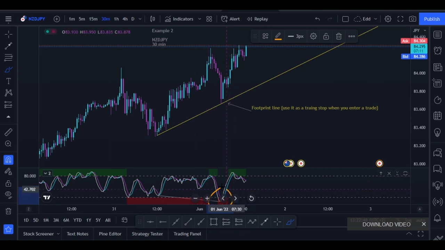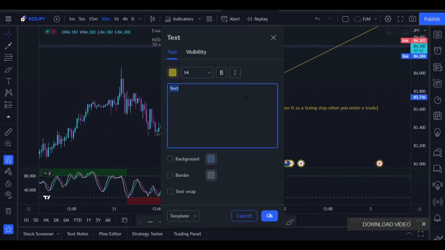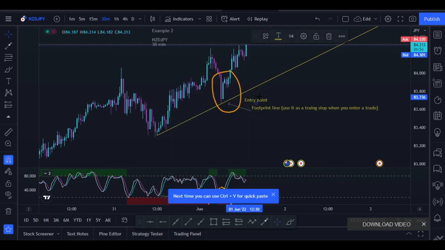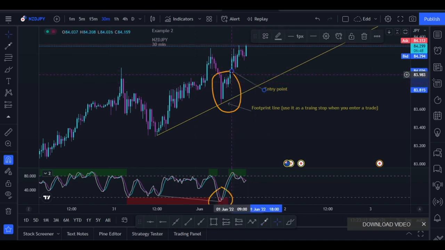It would have been here on the stochastic and there on the chart, and obviously the stop loss would be just below the footprint. Let's label this here, entry point, and point an arrow at it over here. Boom.